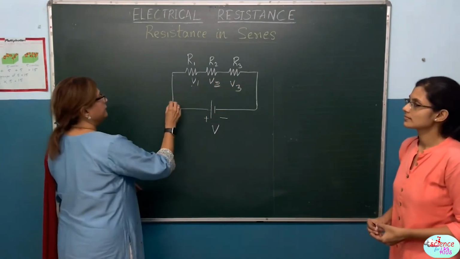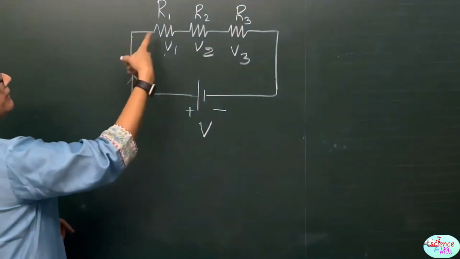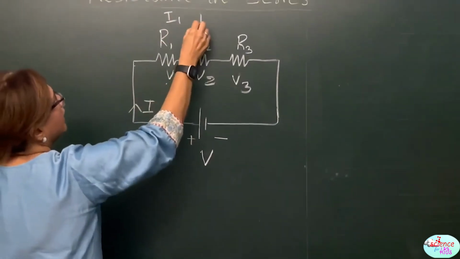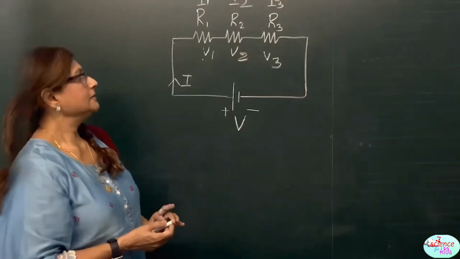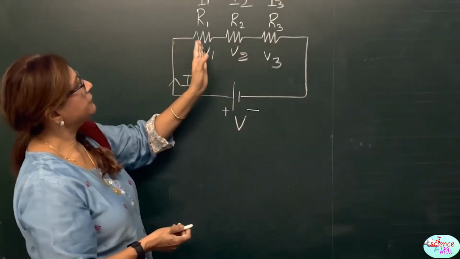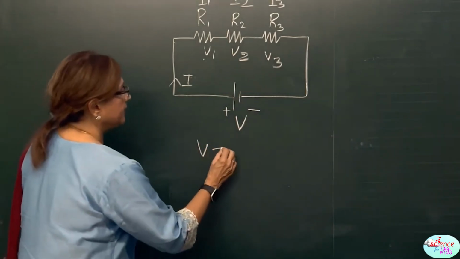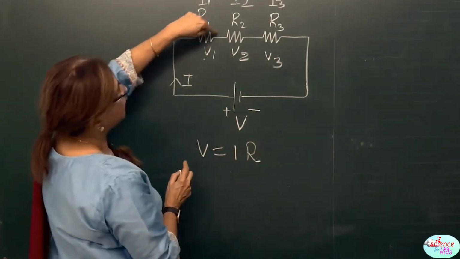Similarly, if total current in the circuit is say I, then in the individual resistors it will be I1, I2 and I3. So Ohm's law can be applied to all the individual resistors, and Ohm's law says V is equal to IR. This can be applied to all these 3.